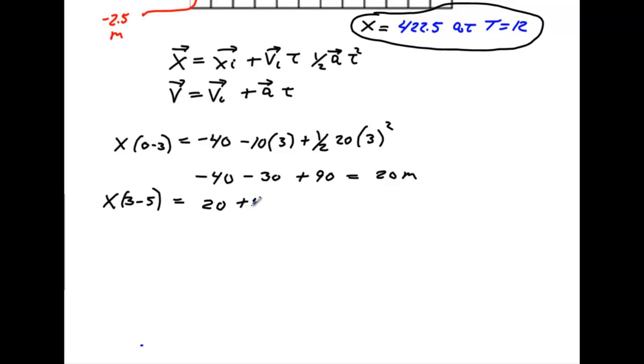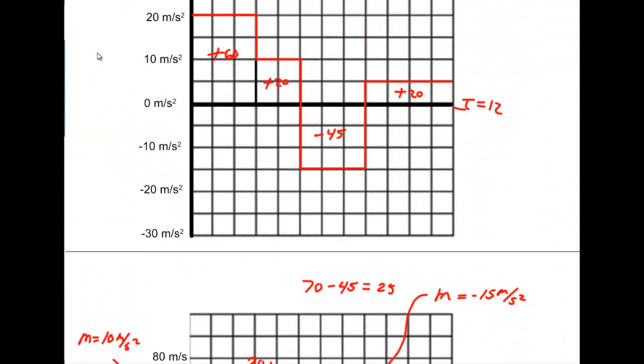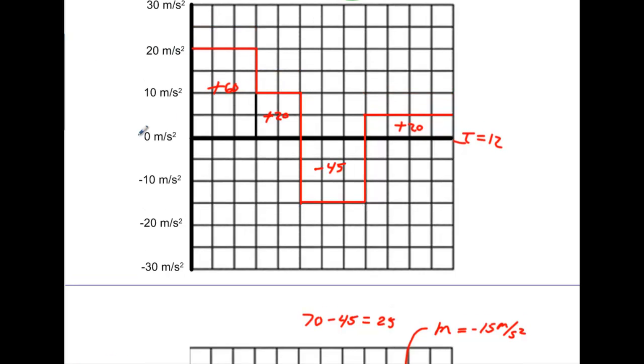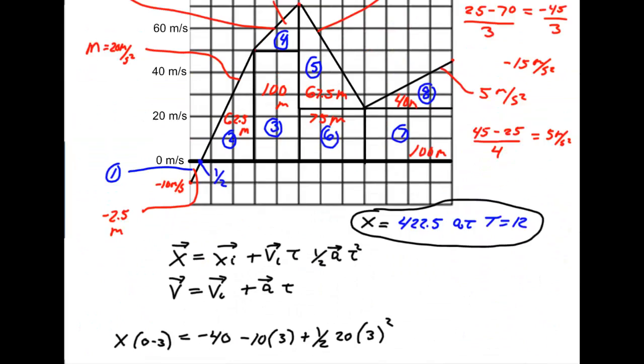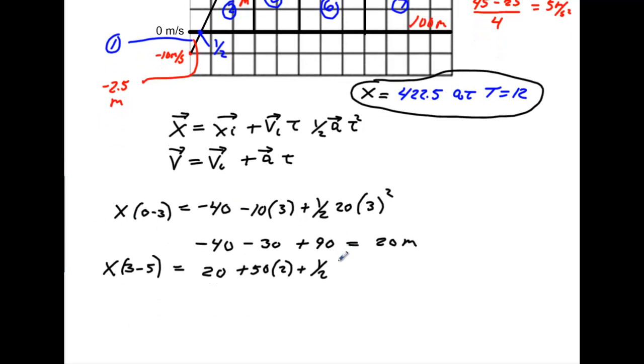So we go plus 50 over 2 seconds, plus 1/2, and we go up to our acceleration time graph, where we're at 10 in this increment. So that would be plus 10 times 2 squared. We run those numbers, we get 20 plus 100, and 5 times 4 is plus 20. That gives me a position of 140 meters.